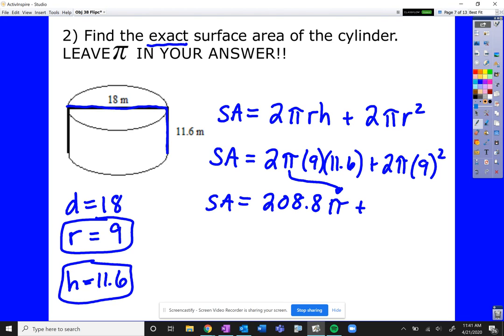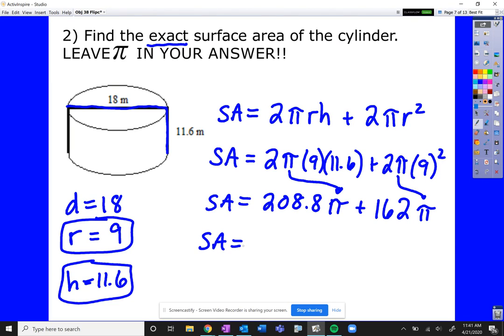Plus, we know we have to do 9 squared first, so 9 squared is 81. 81 times all the numbers around pi, so times 2 is 162. Slide the pi. So now we have 208.8 pi and we're adding it to 162 pi, so just add the two numbers and then slap the pi on the end.